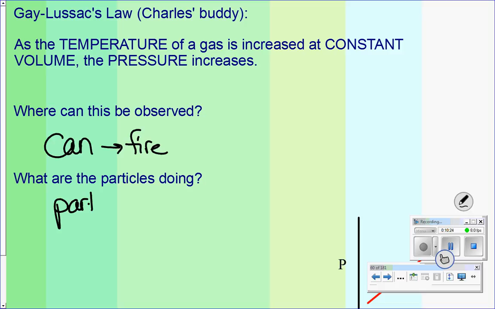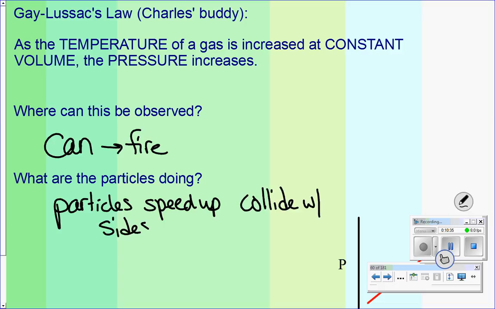Particles speed up, collide with sides of the container. If those sides of the container are fixed and rigid, those collisions are going to get more forceful, and more frequent. More frequent and more forceful collisions give you your increase in pressure.